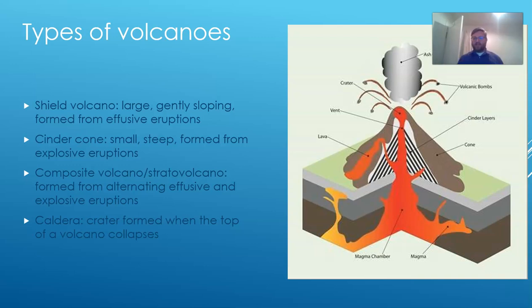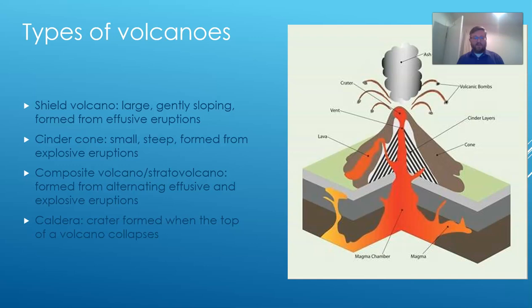And the alternating of these two kinds of eruptions allows our composite volcano to be larger than a cinder cone because you have the lava hardening to stabilize the material, but then also steeper than a shield volcano because you have this explosive material that's piling up higher than lava could pile on its own. So you get a volcano that's in between in size and in between in shape in terms of the steepness of the volcano because it alternates types of eruptions.